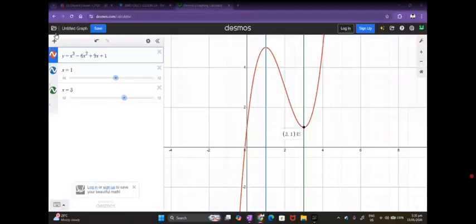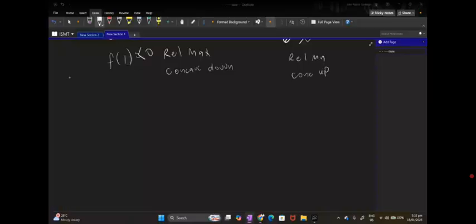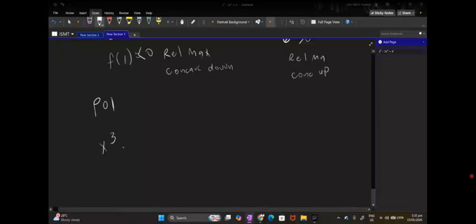So, it's gonna be point of inflection x cubed minus 6 x squared plus 9x plus 1.